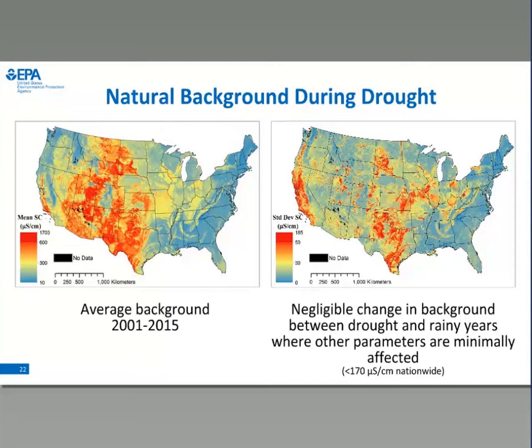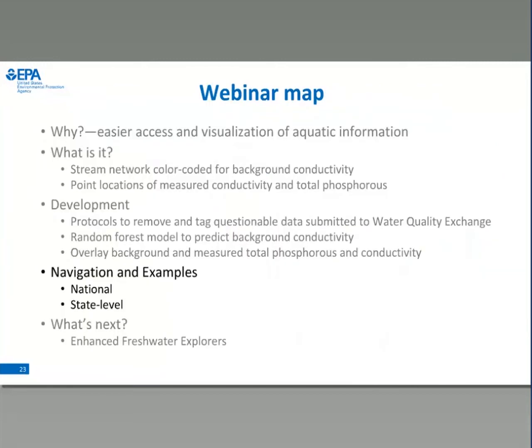And this is encouraging because it says that if you are in a reference type condition and there are no inputs, then it's likely that the salt concentration in the stream is not going to change too much. In general, less than 170 microsiemens per centimeter. And when it comes to the biology, 100, 200 microsiemens doesn't make too much difference for short term.